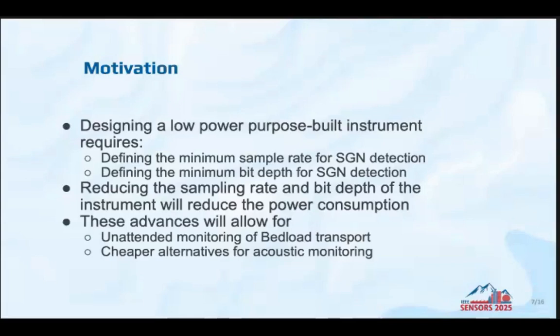Reducing the sample rate from 44 kilohertz to 22 kilohertz would reduce the number of writes you would have to do to your SD card. And that's where most of the power goes in these types of systems, writing to the SD card. Additionally, the bit depth will also reduce the size of the files, same with sample rate.